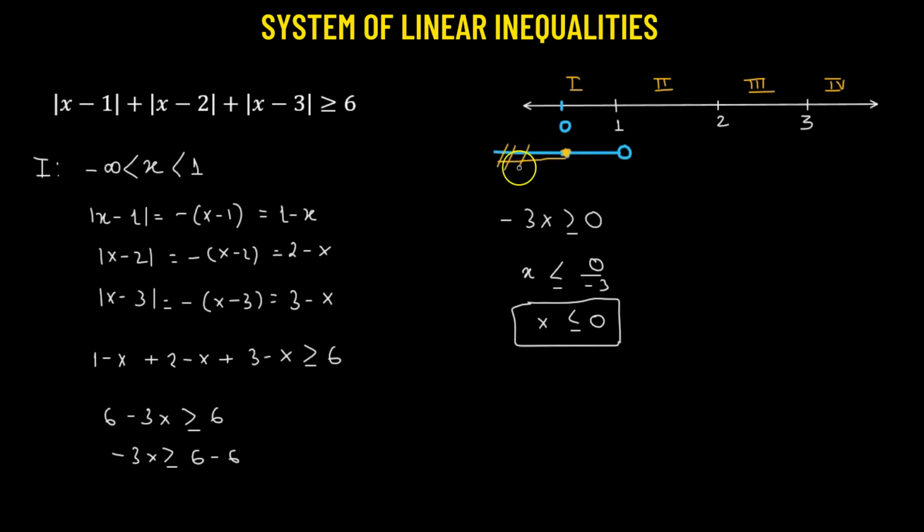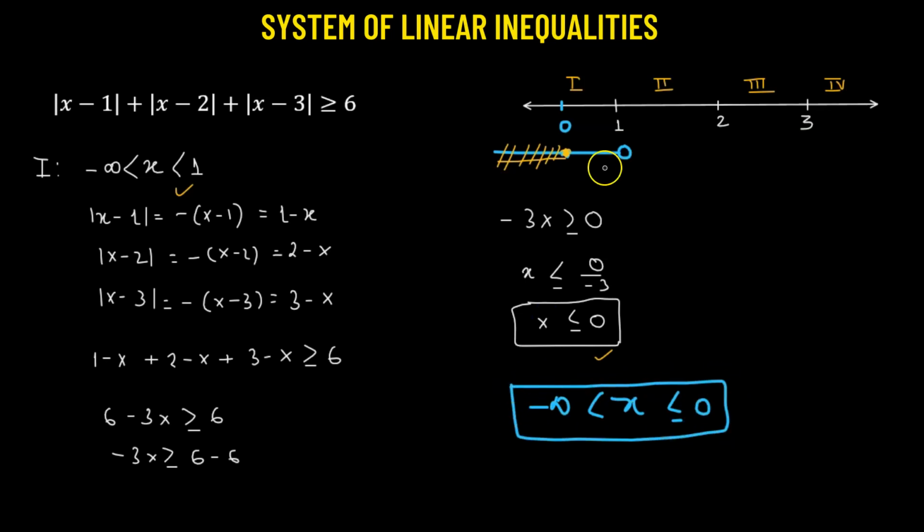So here we see that this is the common region, and this is the region that satisfies both x less than or equal to 0 as well as x lying between negative infinity and 1. So that means our combined solution will be x greater than negative infinity, but this time less than or equal to 0. So this is what we have obtained from case number 1, or region number 1.